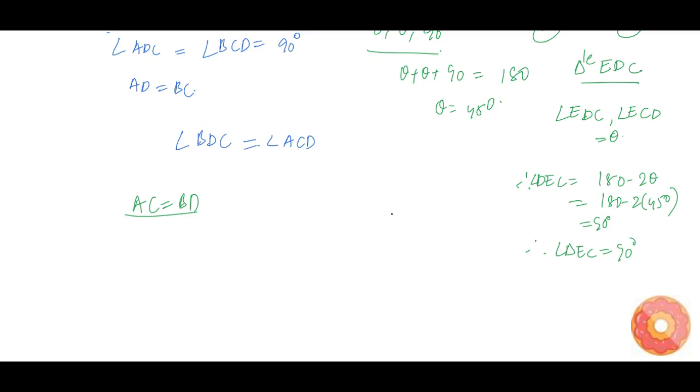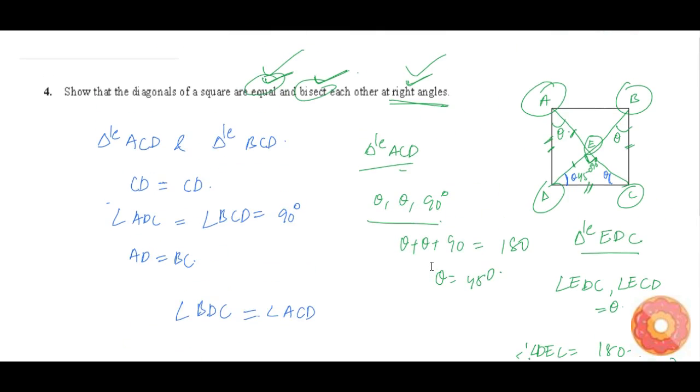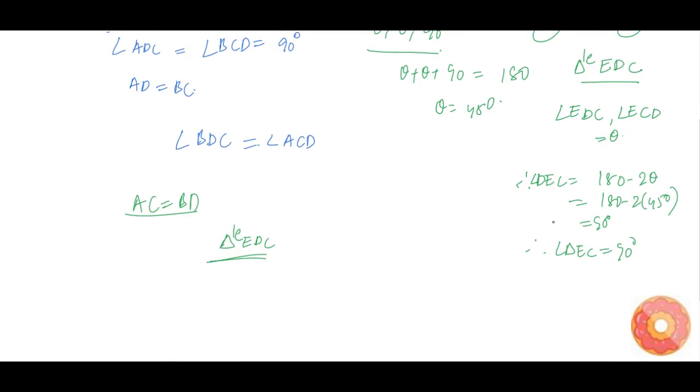Now let us show about the bisection part. Now let us consider triangle EDC. In triangle EDC, two angles are equal, that is angle EDC and angle ECD, which means opposite sides to these angles are equal. Therefore ED is equal to EC.